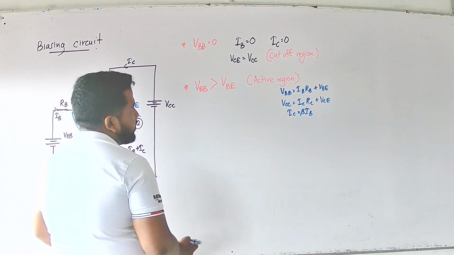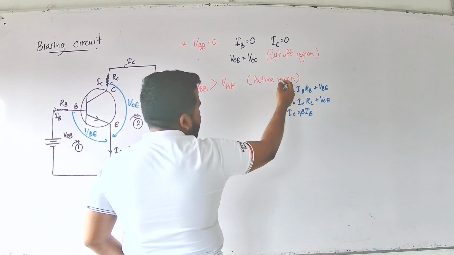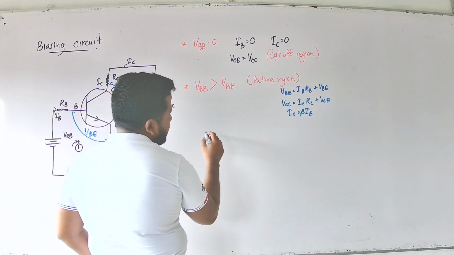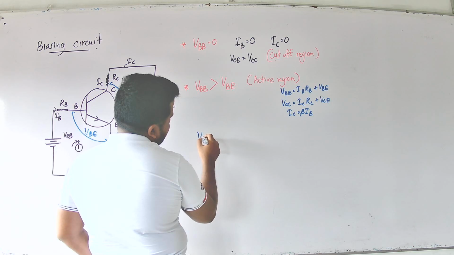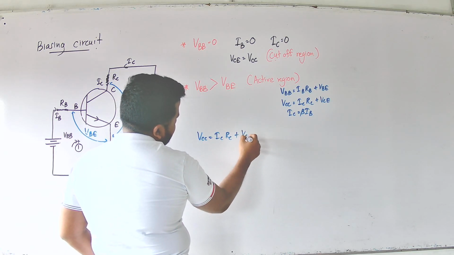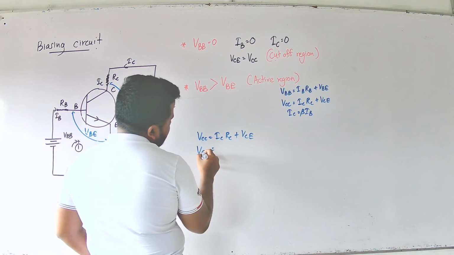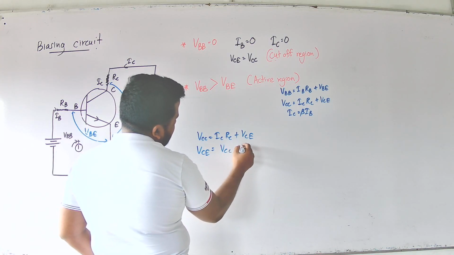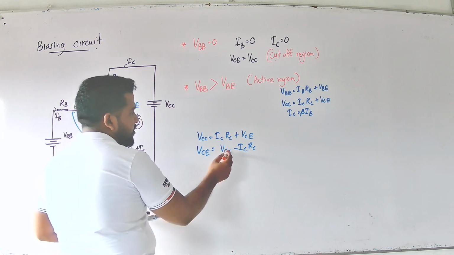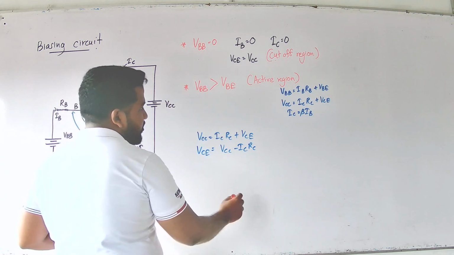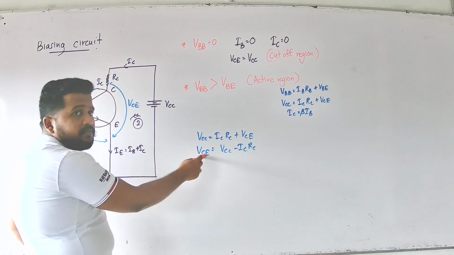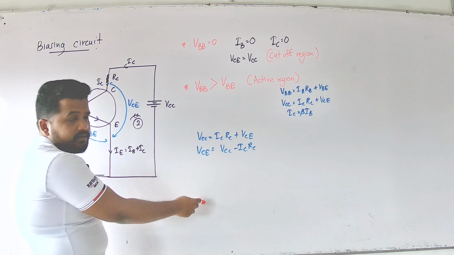VCC is a constant value, it's not changing because the supply is not changing. IC increasing, VCC remains the same, therefore VCE gets decreased.